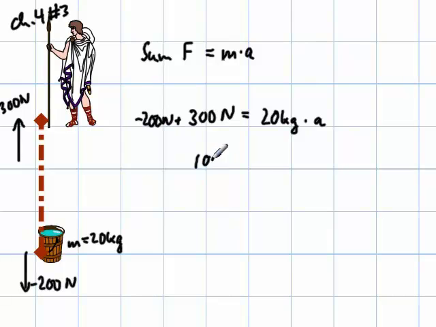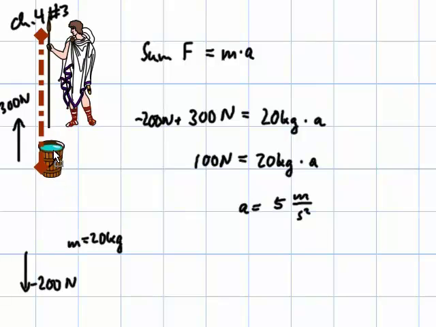That of course comes out to 100 newtons equals 20 kilograms times acceleration. And of course 100 divided by 20 is 5. And as you noticed in the last problem, newtons divided by kilograms is the same as meters per second squared. So again, that pail of cement here is getting faster and faster relatively quickly as it's being pulled up. So that can only be done for a very short time.